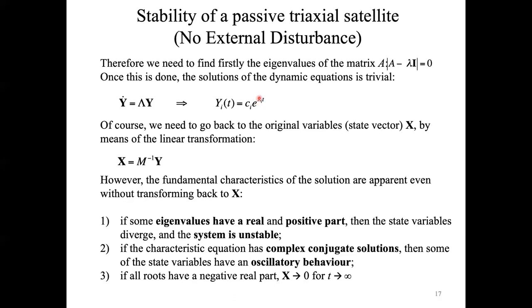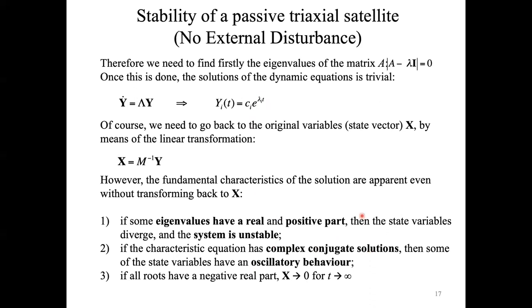Well, so now we have to discuss something that is already clear to you, but basically this approach gives you the basic idea to understand the stability. The stability of the system will be demonstrated only if the characteristic equation has complex conjugate solutions.